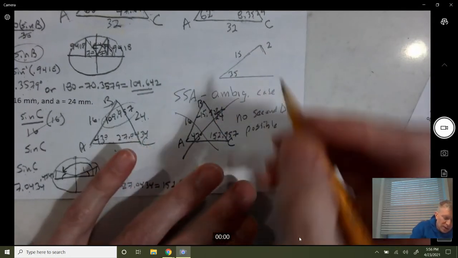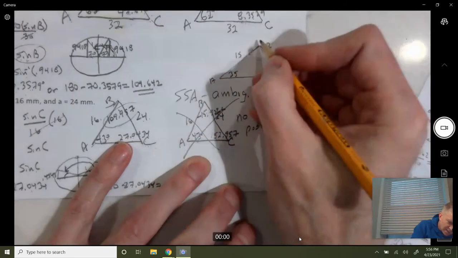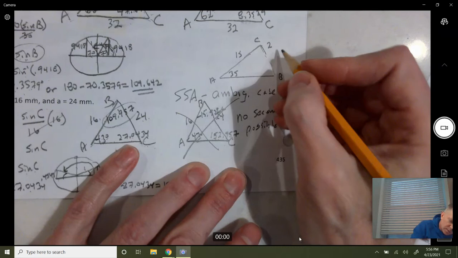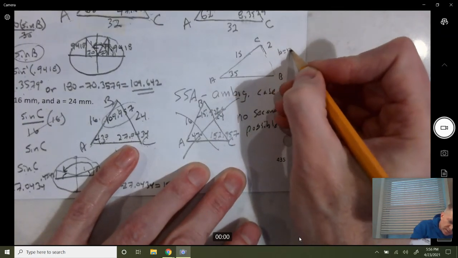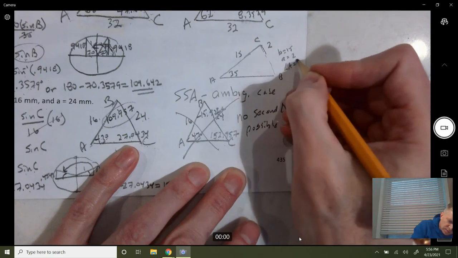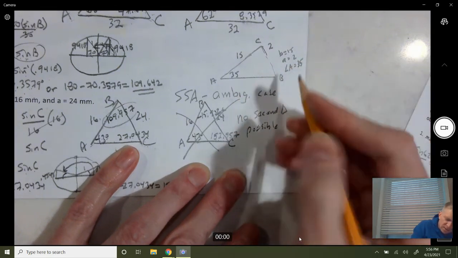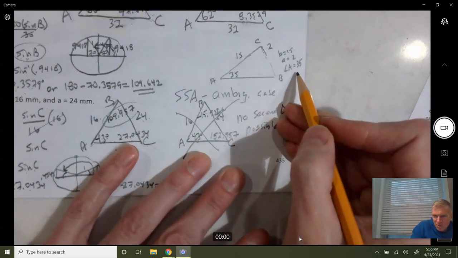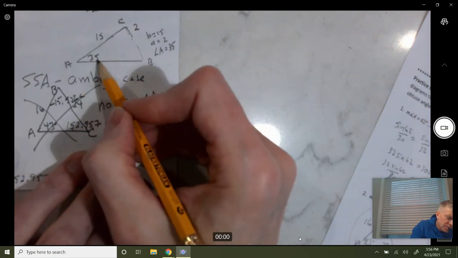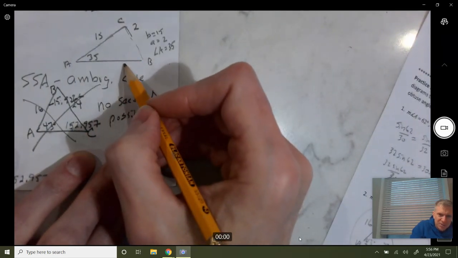Okay. When you write it down, this was A, C, and B. It would say little b equals 15, little a equals 2, and angle A equals 35. You might not notice that right away that this doesn't work out. But when you draw it, you can see how this is not physically possible.